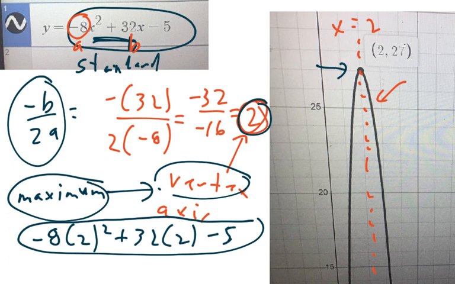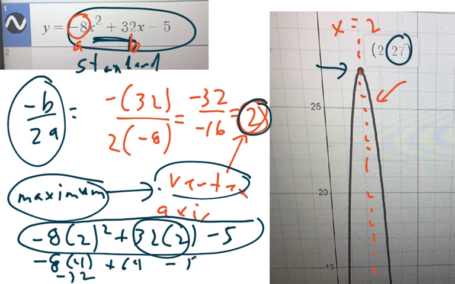And if you do it correctly, you will get 27. Now, I'm just going to do it old school here, guys. Negative 8 times 4. 32 times 2 is 64, minus 5. This is negative 32. So I do get 27 if I combine that correctly.